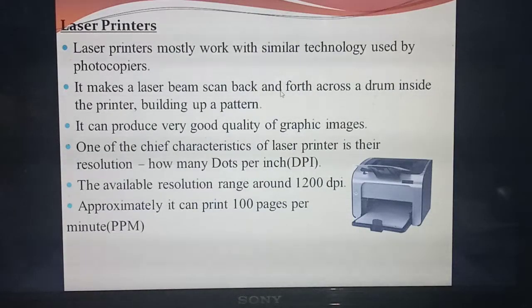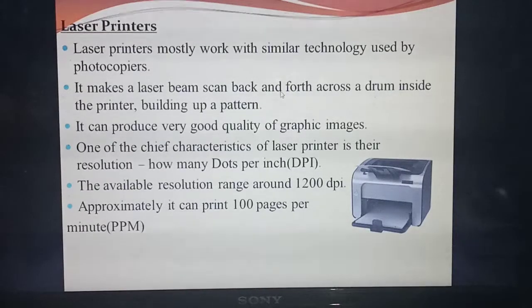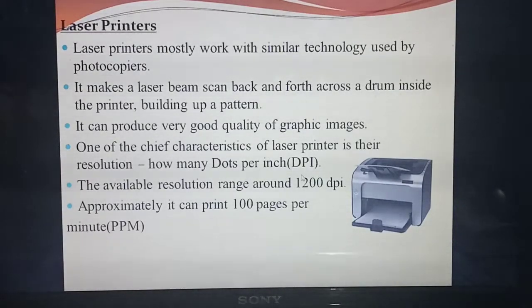One of the main important characteristics of a laser printer is DPI, dots per inch. You studied CPS, characters per second; likewise here, the important feature is DPI. The resolution of this laser printer is nearly around 1200 dpi, that is 1200 dots per inch.